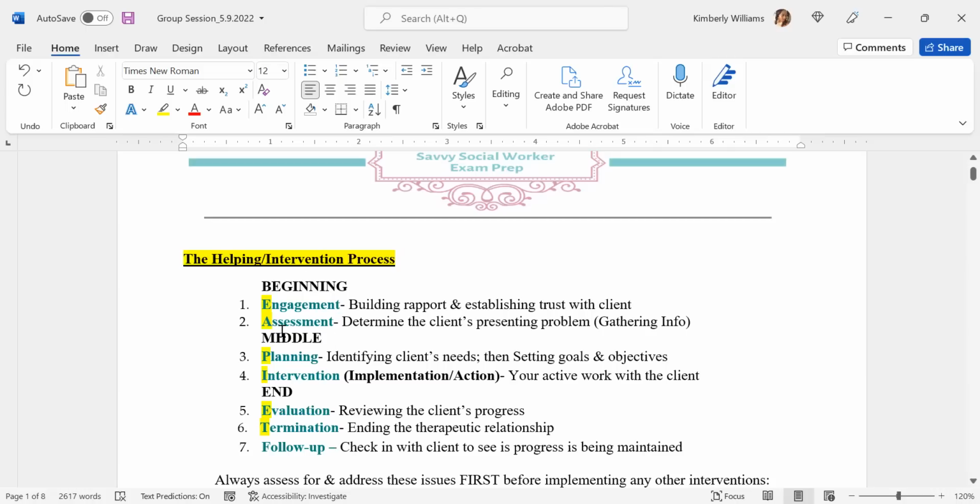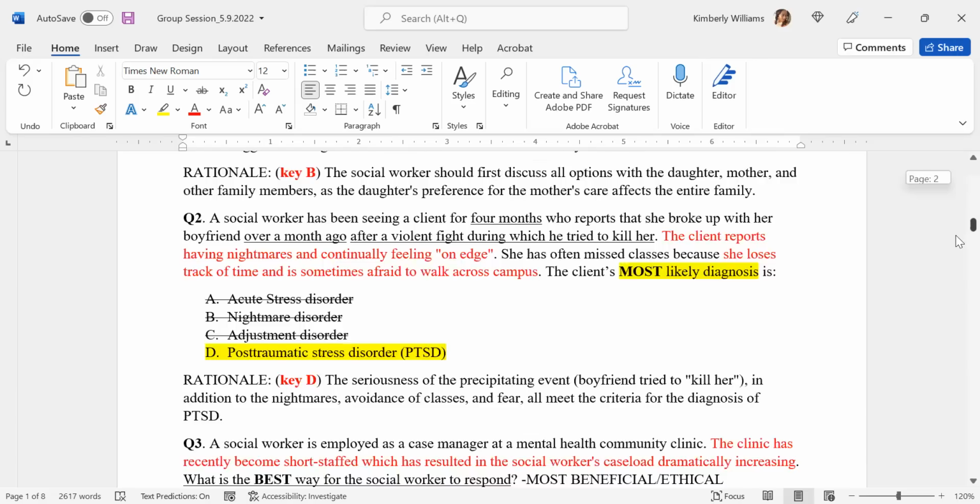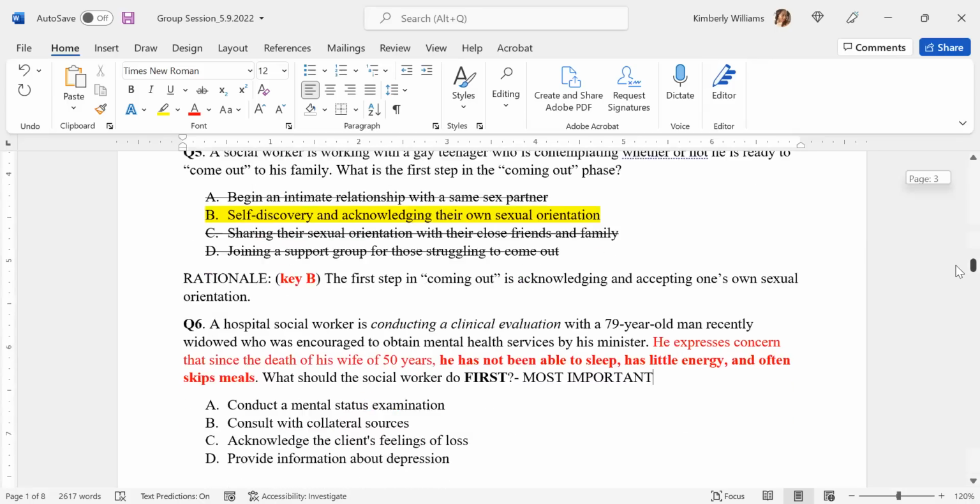It doesn't make sense. So our answer has to be engaging and/or assessing. With that little note, Ms. Yolanda, is the most important thing, given that this man's wife of 50 years died and he can't sleep, eat, and has no energy, that we need to conduct a mental status examination? Pause or scratch, y'all.